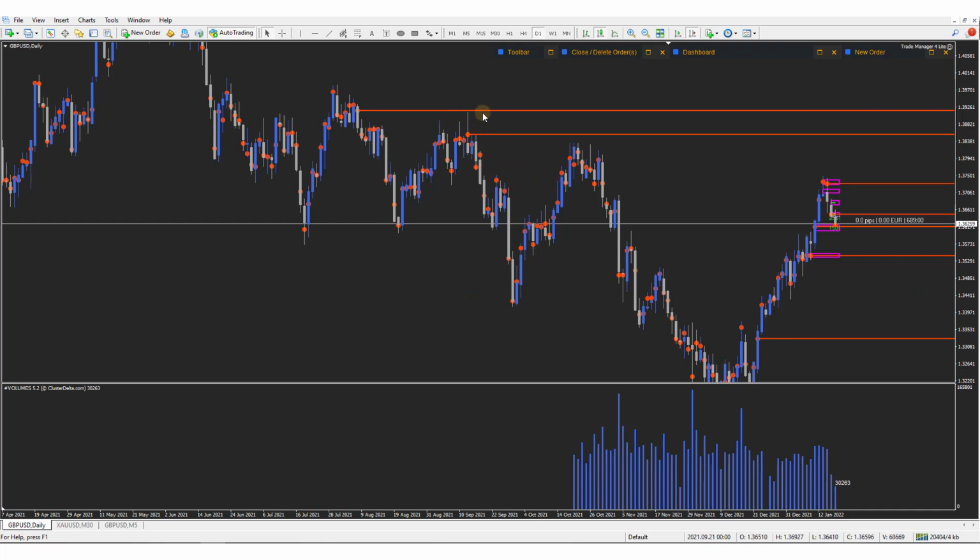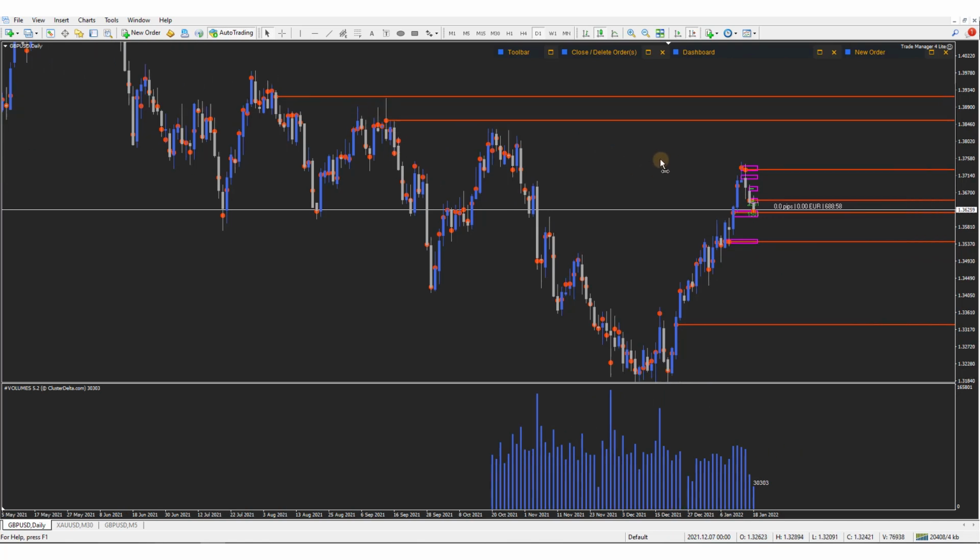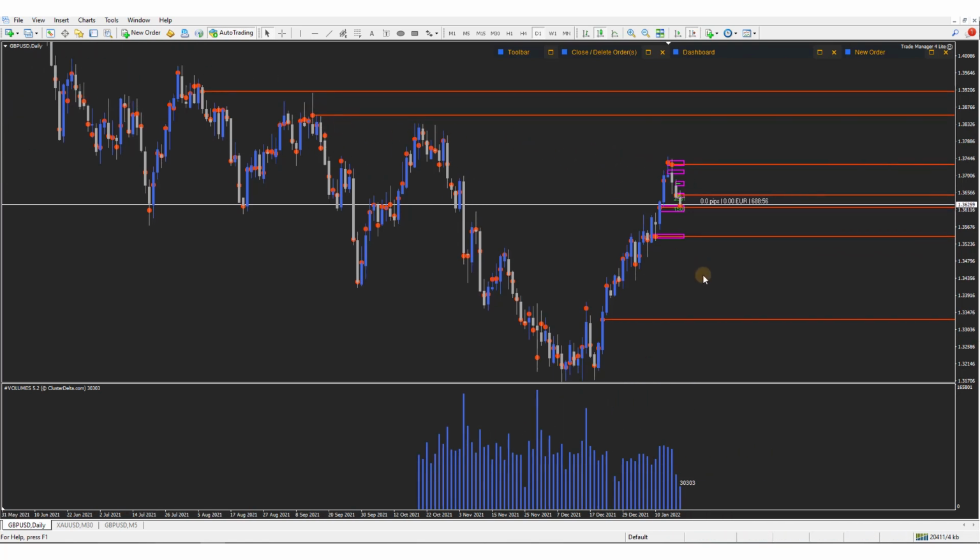So I just drew the ones which are still untouched, the high volume areas which are still not retested. Maybe some longer investment is there, or who knows, right?